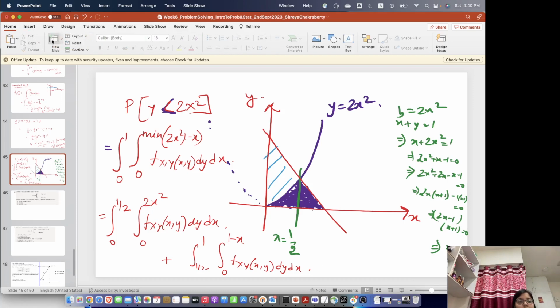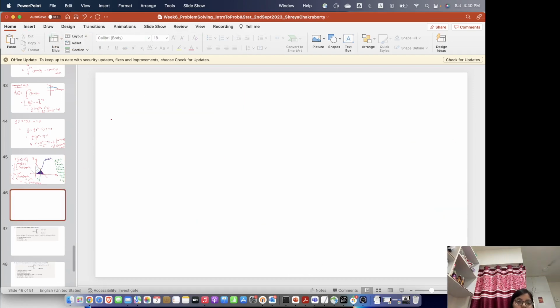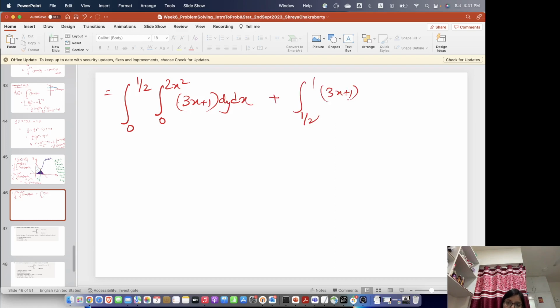So once we have formulated, we are going to solve it. This will be integral 0 to half, 0 to 2x square, 3x plus 1 dy dx, plus half to 1, 3x plus 1, we can write it like this, 0 to 1 minus x dy.